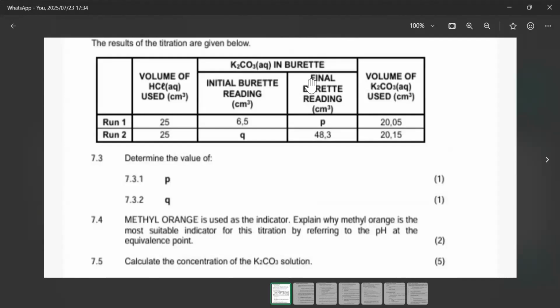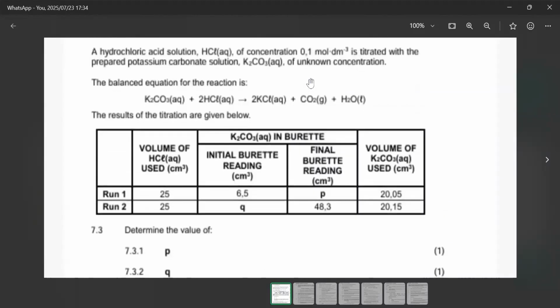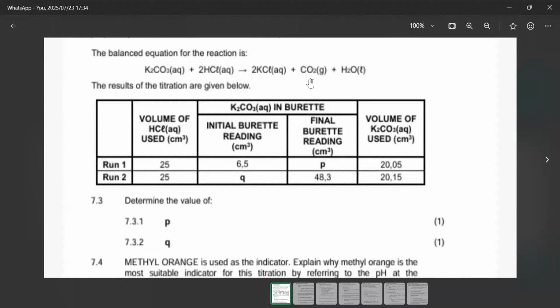You are also not going to use 20.15, but you're going to use the average of those two. So if you are doing life science, you know this perfectly well, that each time you're performing an experiment, you actually use the average of the readings that you are getting. So yes, let's go ahead and quickly do this one.